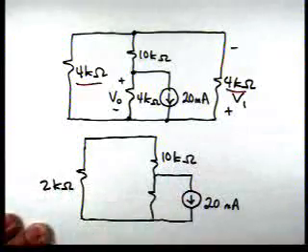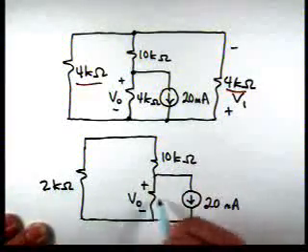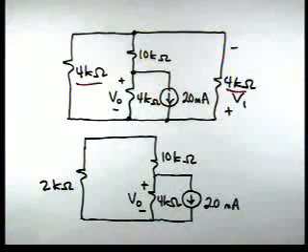So the two 4Ks in parallel is a 2K. So our circuit reduces to this.